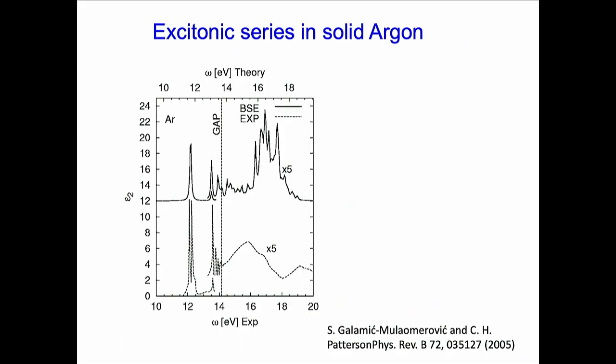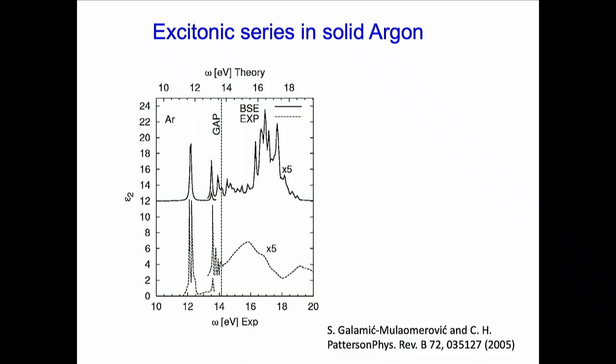And Mauricia already mentioned solid argon. Well, I never understood why people are excited about solid argon. It's not so common, but of course at low temperature you can produce it and make it solid, and you can measure it.